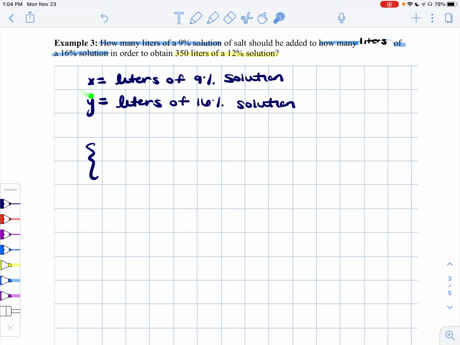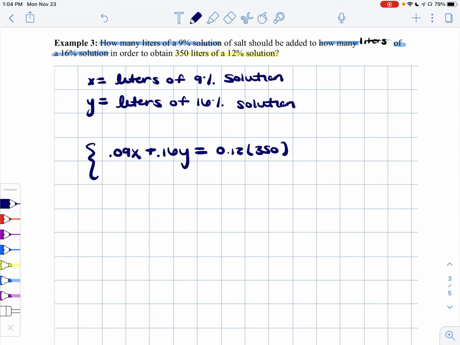So x liters of a 9% solution is just 0.09x, and then y liters of a 16% solution, 0.16y, and then we want this to equal 350 liters of a 12% solution. That would be 0.12 times 350. All right, so that's our first equation, dealing with the percent concentration.